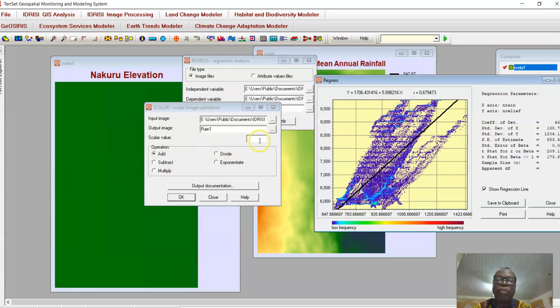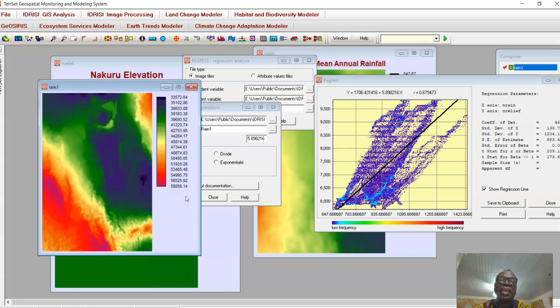What is the scalar value that I want to put there? I'm going to put 5.898216. What do we want to do with it? We want to multiply because it is 5 multiplied by x. So it's going to be multiplication. And then you click OK. So it's going to give us the rain 1.